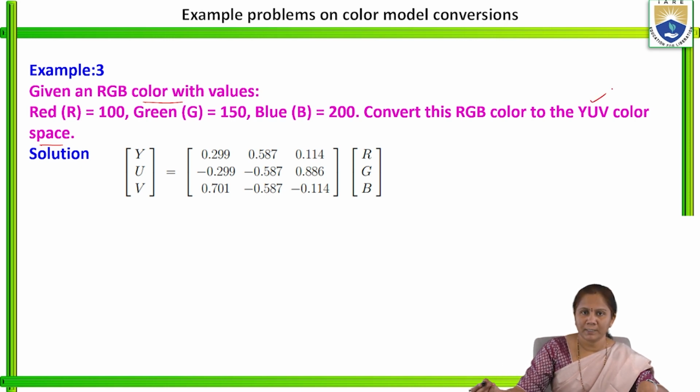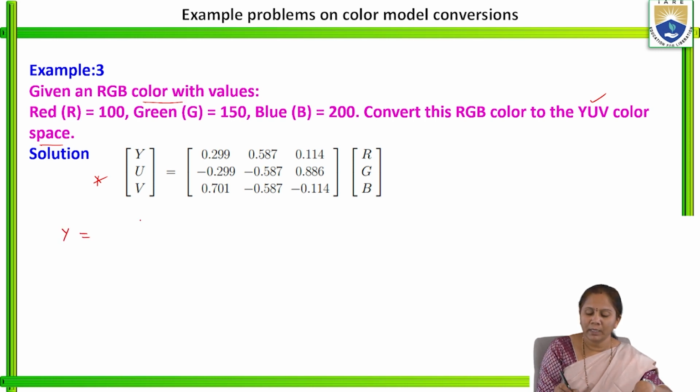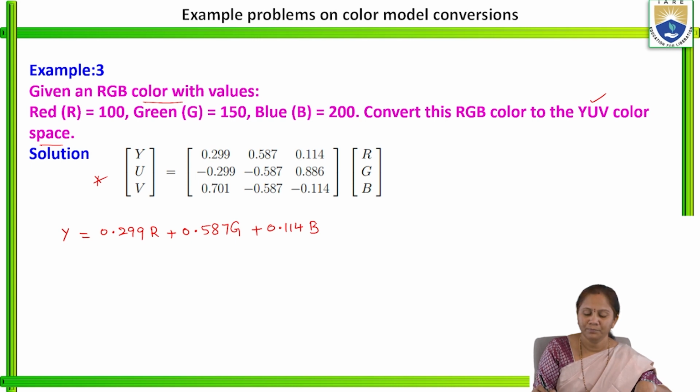Based on this matrix, we have written the equations. The equation for Y is 0.299 into R plus 0.587 into G plus 0.114 into B.